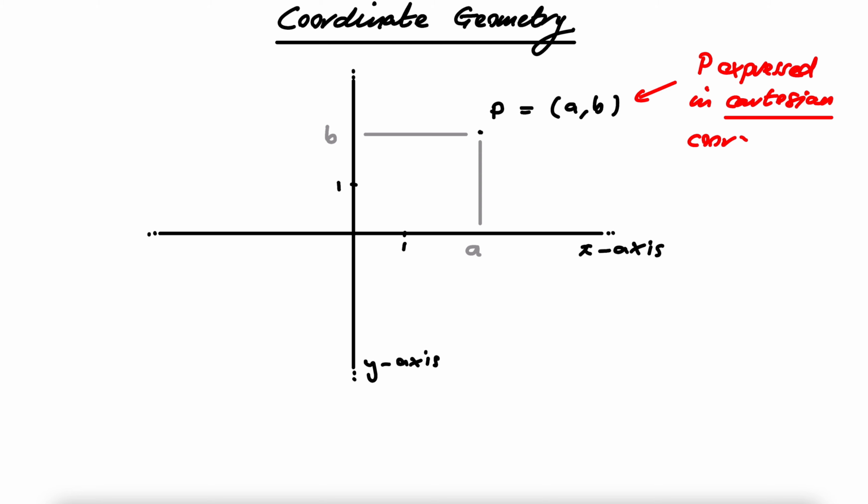There are other coordinate systems, other ways to describe positions in the plane. You may have heard of them. Polar coordinates is an example, but we are going to focus purely on this one. So this P is just a point in the plane. Now the plane is just flat.